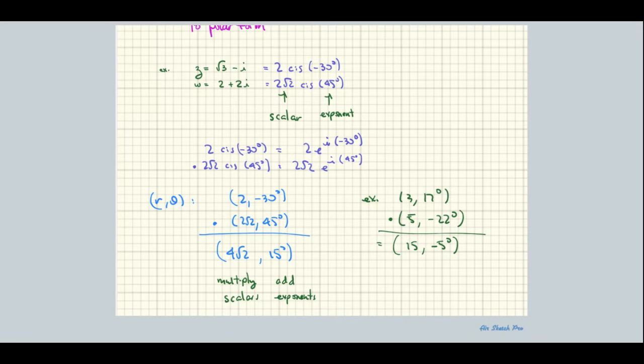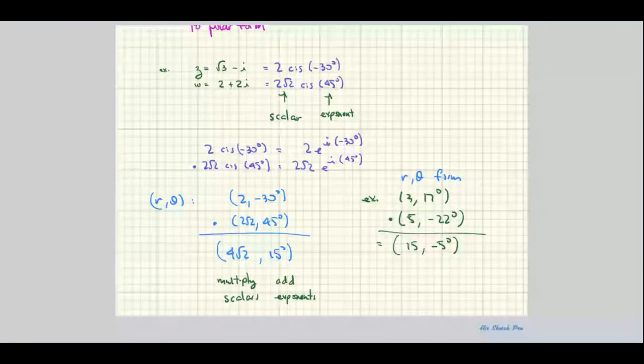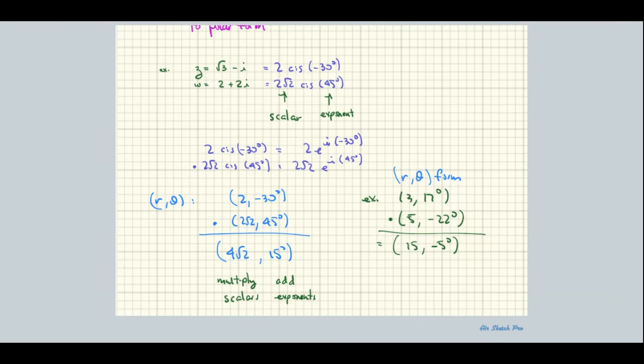Just like that in r theta form. But remember that 3 17 means 3 cis 17 degrees. And 3 cis 17 degrees means 3 times e to the i 17 degrees.